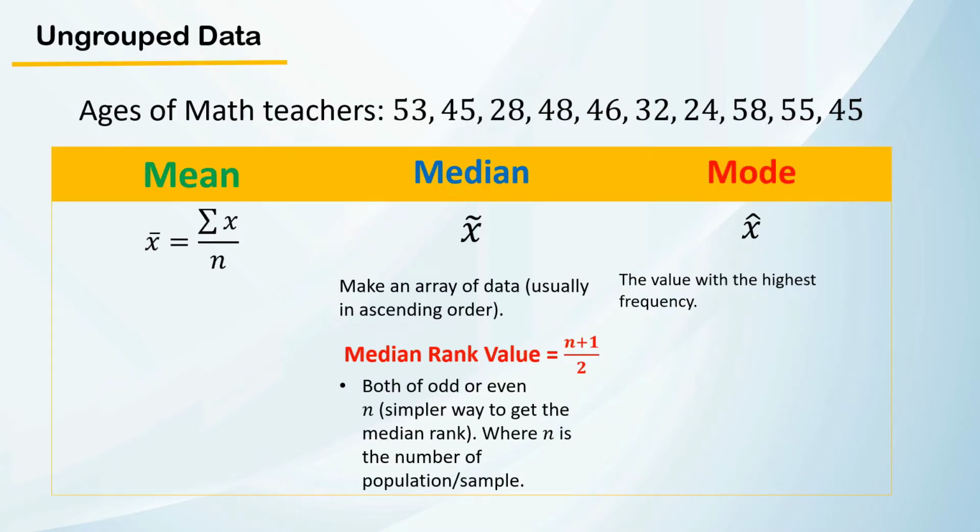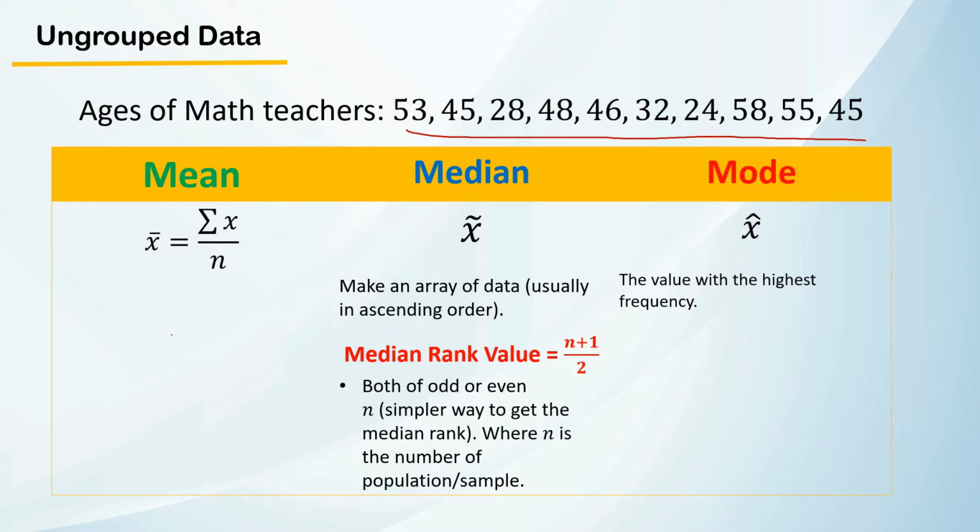Okay, so let's have an example here. These are the ages of math teachers: 53, 45, 28, 48, 46, 32, 24, 58, 55, and then 45. So we have the different formulas.